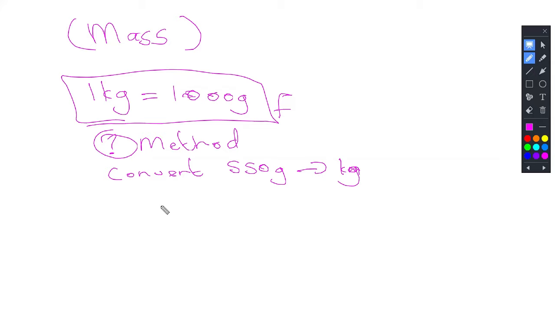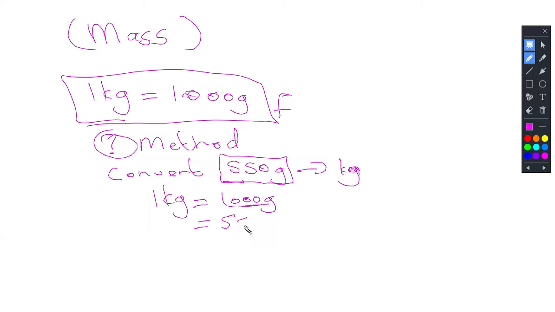You first write your formula as given by your question paper. You say 1 kg will give us 1,000 grams. So we put an equal sign down there, and then we say which units of measurement are we given there? We are given grams. We can't put grams under kilograms. We are going to put grams under grams because these are the same units of measurement.